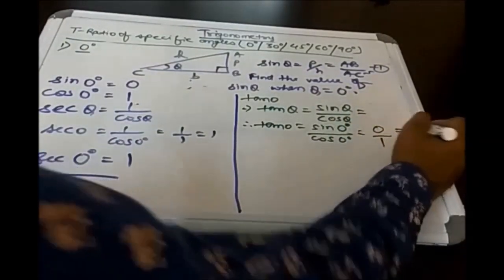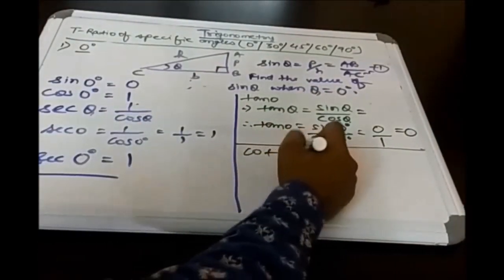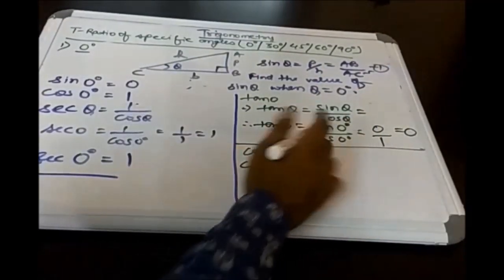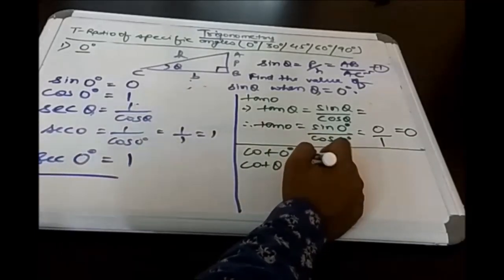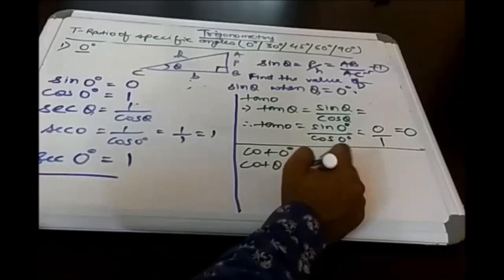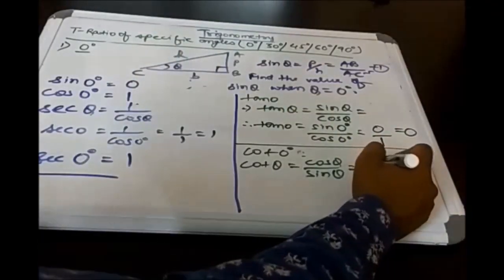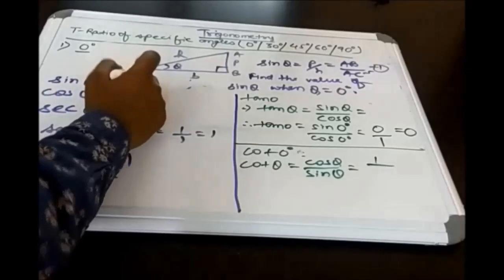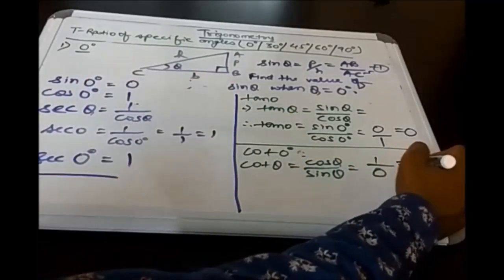So tan 0 degree will be 0. Similarly, the value of cot 0 degree. Now cot theta, as per the relationship between trigonometric ratios, is cos theta by sine theta. Cos theta is 1, sine theta is 0. So it becomes undefined.